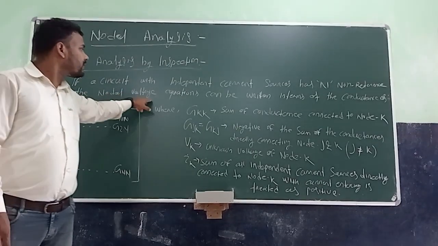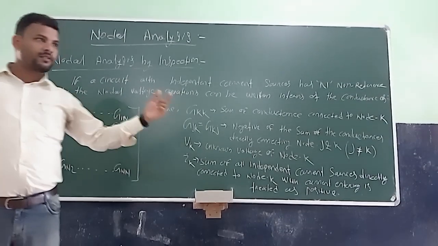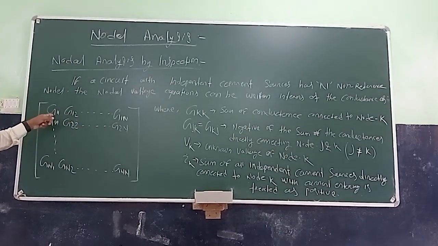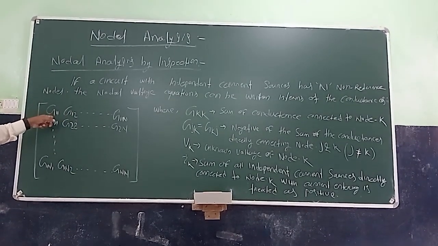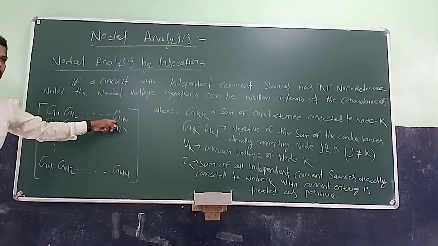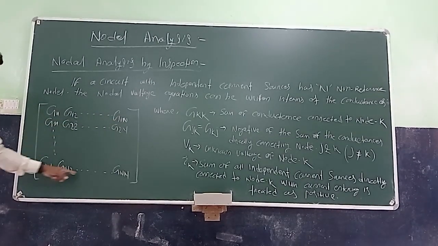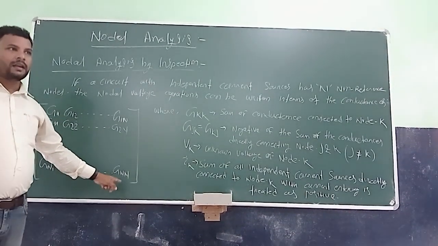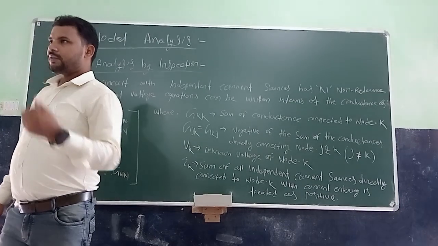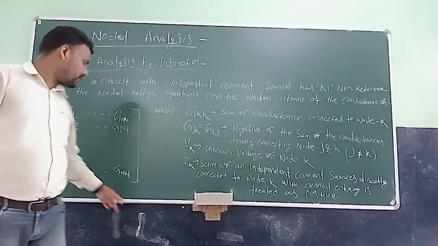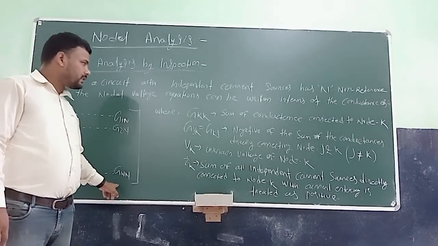The total voltage equation can be written in terms of a matrix like that, in terms of conductance: G11, G12 up to G1n, like this. N number of nodes, n number of equations, and we can write like this.